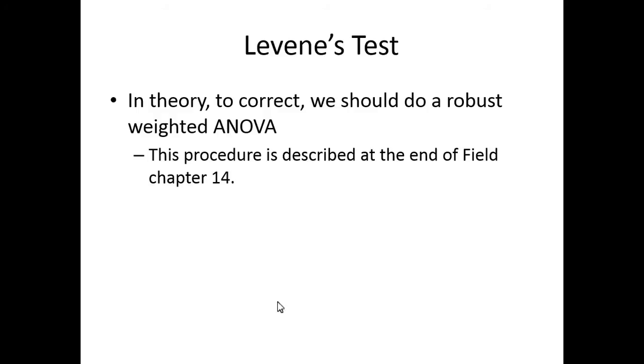I'm going to show you the, I don't care route. Because what happens is you lose power. Okay, so when your variances are not equal, your power gets lower. And we've said this a couple of times, we're okay with type 2 errors. But if you wanted to do a weighted robust ANOVA, it talks about it a lot in that chapter.